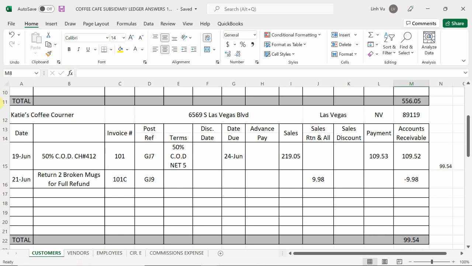So now that I'm already here in my subsidiary ledger, let's plug this number in since I finished my journal. So here we go. Katie's Coffee Corner. It is now June 24th, for invoice number 101.